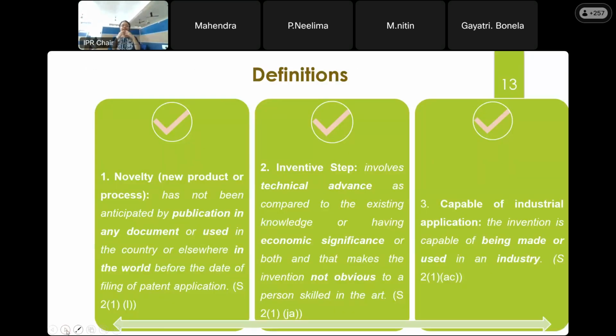These are the definitions of novelty, inventive step, and industrial applicability according to our Patent Act. For example, novelty is that it has not been anticipated by publication in any document or used in the country or elsewhere in the world before the date of filing of the patent application. That means it is not in the public domain. Novelty means new. Okay, that thing is new.